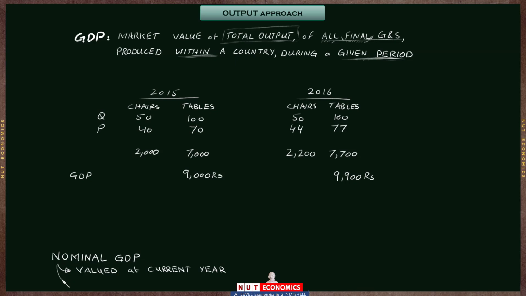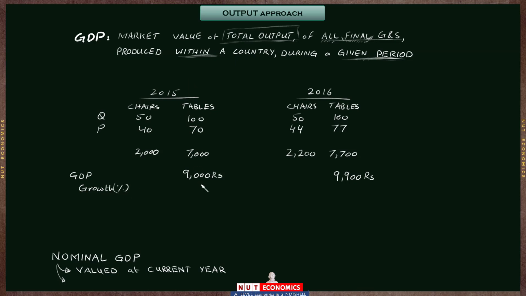Now there is an issue that you run into when you measure these nominal GDPs, because you see economists, they are not interested in making all of these calculations. What economists are really interested in is the growth rate of GDP. So let me write it down. They are interested in the growth rate of GDP. What do we mean by growth rate?